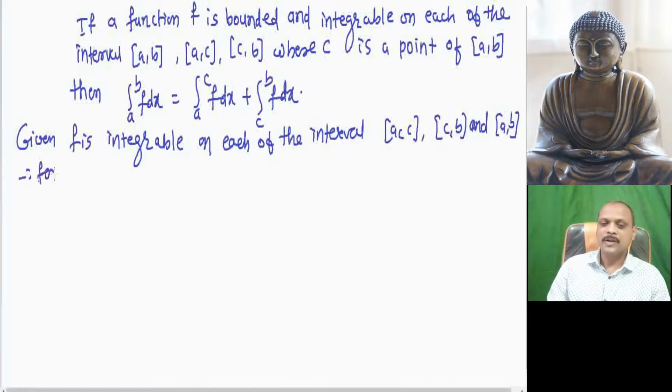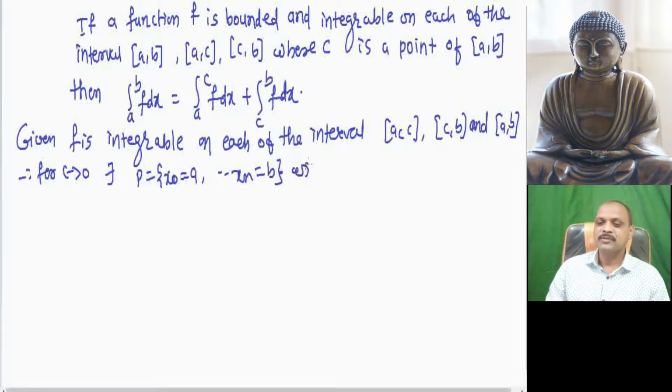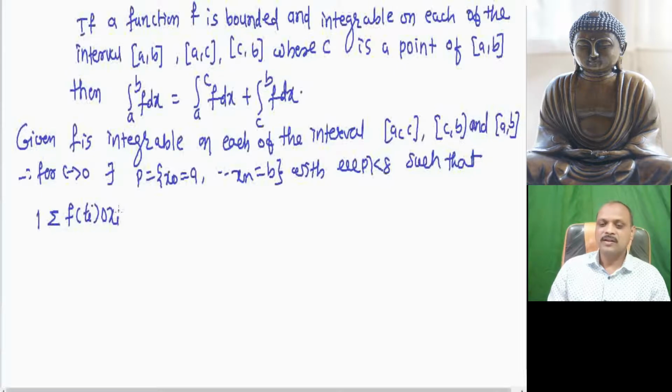Therefore, for epsilon greater than 0, there exists a partition P, x0 equal to a up to xn equal to b, with norm mu of P less than delta, such that mod of summation of f of ti into delta xi minus integration a to b f dx is less than epsilon by 3.